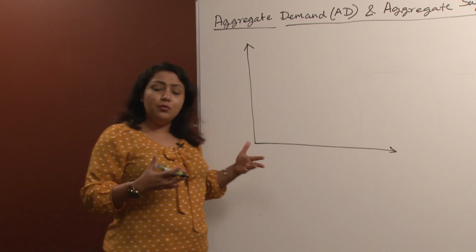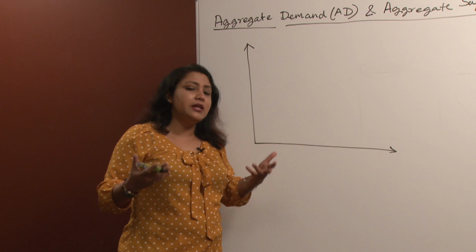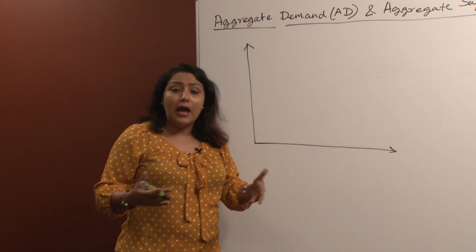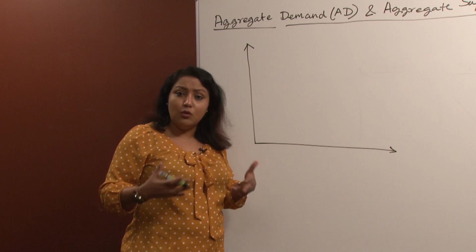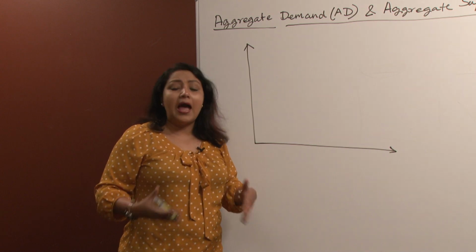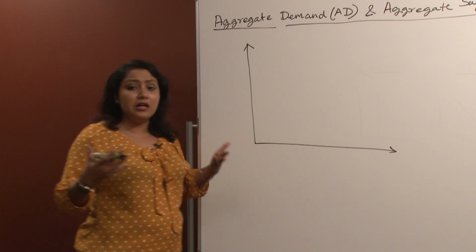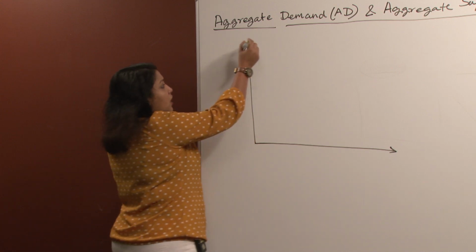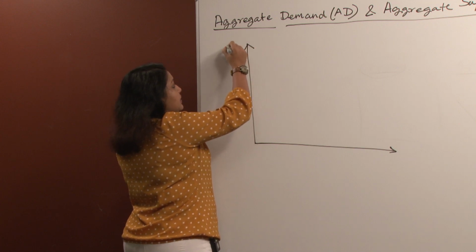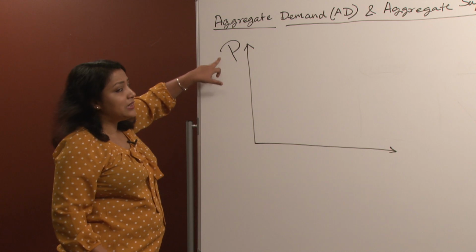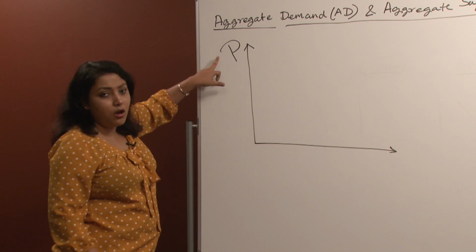Now, earlier we have spoken about a similar indicator. If we remember, we spoke about the GDP deflator, and we said the GDP deflator was a price index and it was an indicator of the average prices in the economy. So, what goes here on the y-axis is capital P. Now, please note that this capital P is not a dollar value.